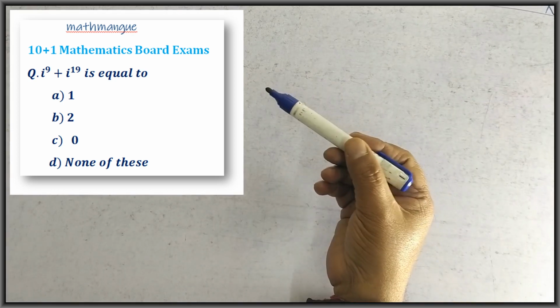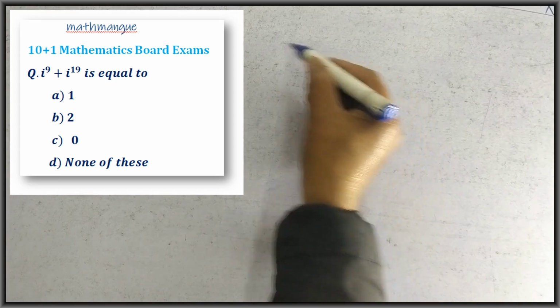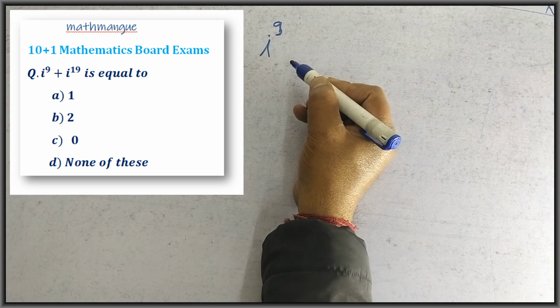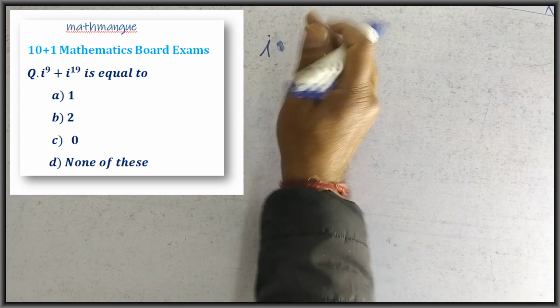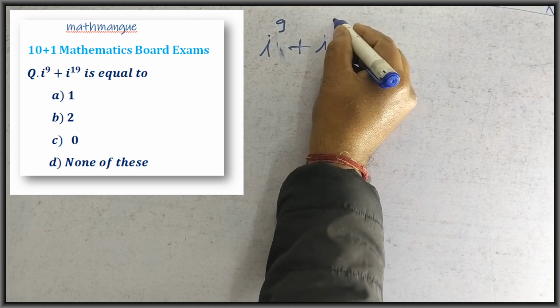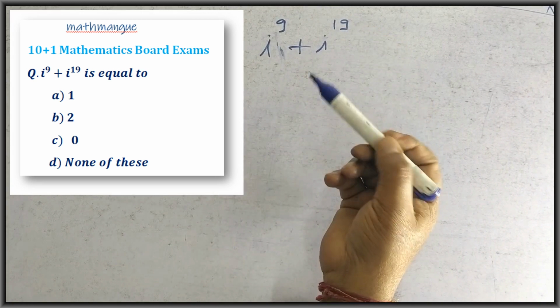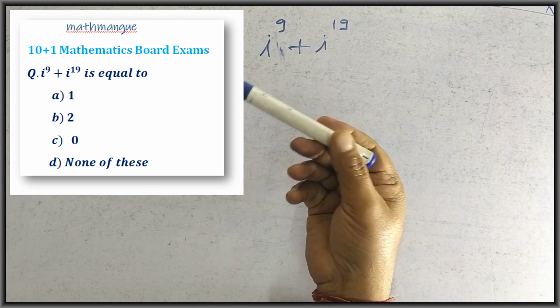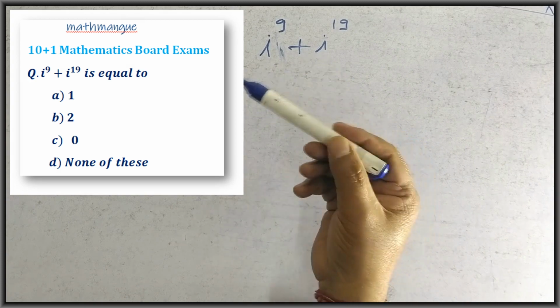Children, we have another question where he says you have to find the value of iota raised to power 9 plus iota raised to power 19. He says the options are: A part is 1, B is 2, C is 0, D is none.